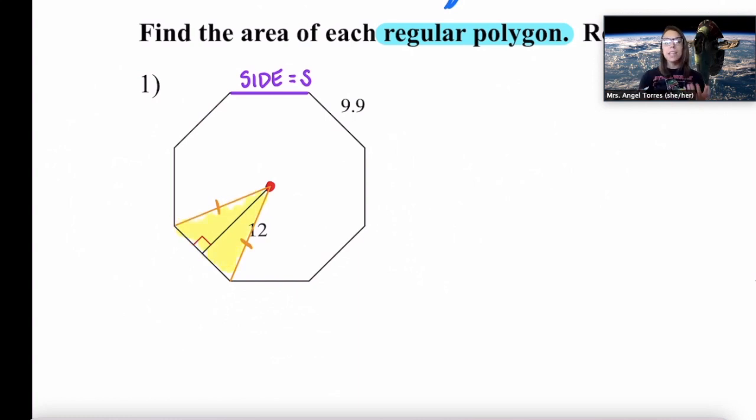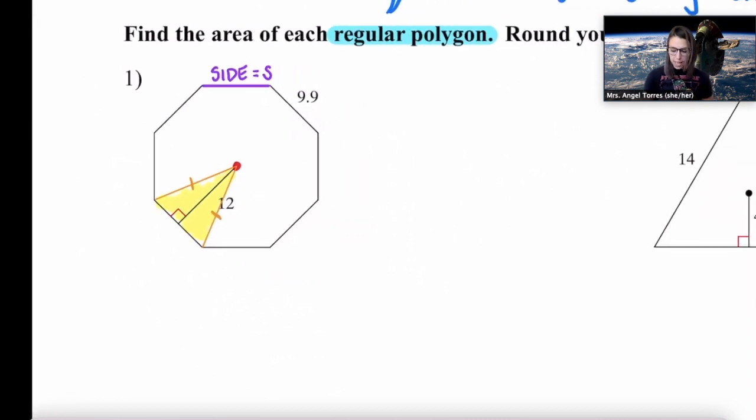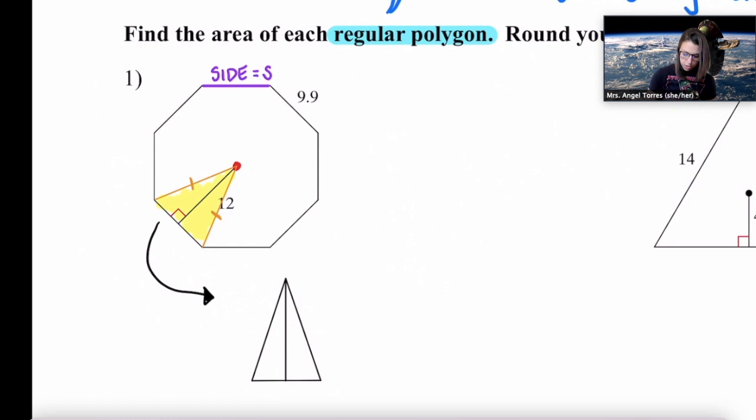If I can find the area of one of those triangles, all I have to do is add it up 8 times, and that will give me the total area of the octagon. What I like to do is take out the triangle so that I can look at it outside of the octagon.